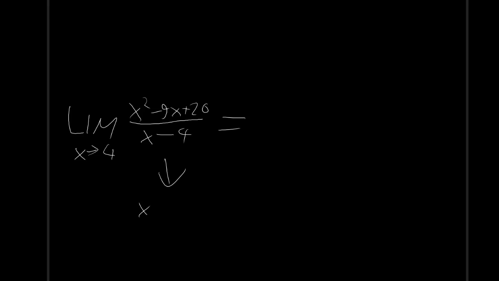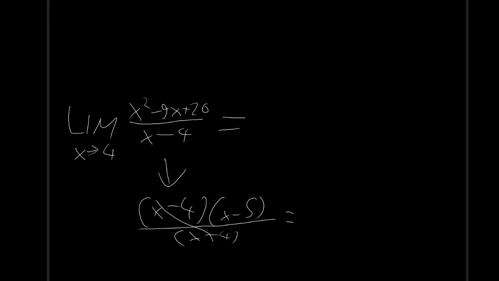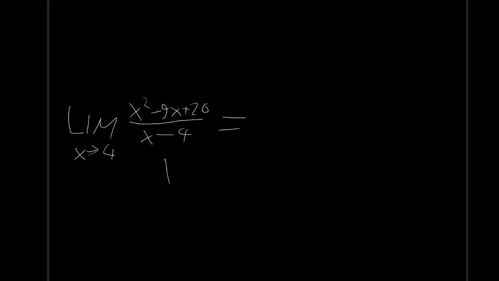So all of this just becomes x minus 4 times x minus 5, and we have all of this over x minus 4, right? So, of course, this cancels out. So this is x minus 5, which means this entire limit is the same, after manipulating it algebraically, as the limit as x approaches 4 of x minus 5, which means that this is the same as 4 minus 5 or -1, right? We found the limit.